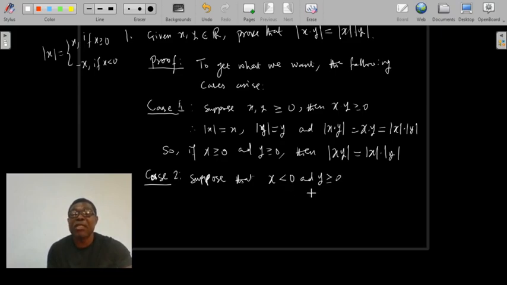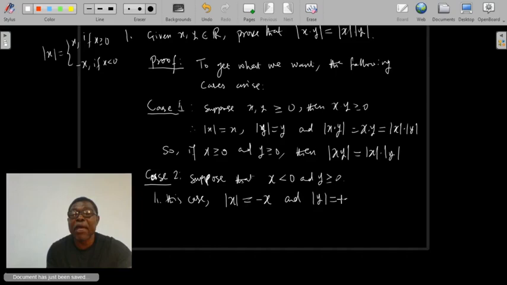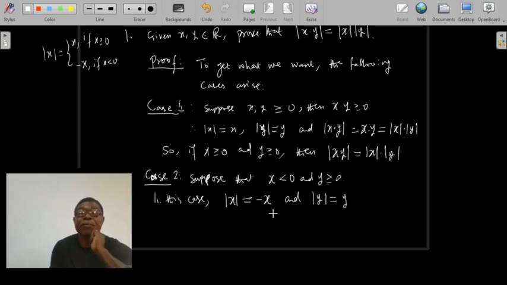If x is less than 0 and y is greater or equal to 0, then in this case the absolute value of x will be equal to minus x, and the absolute value of y will be equal to y, because y is greater than or equal to 0.